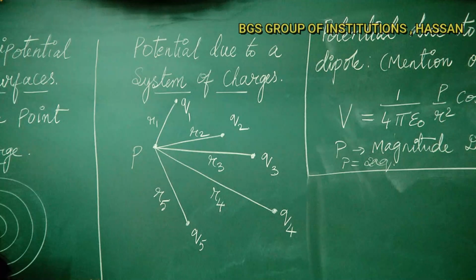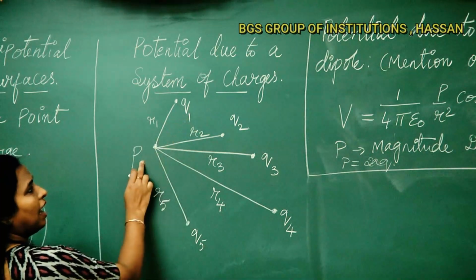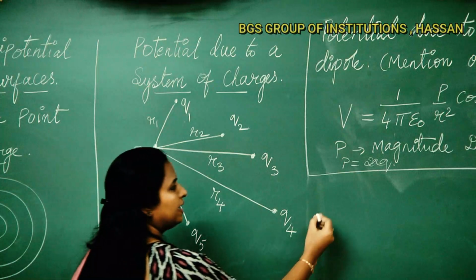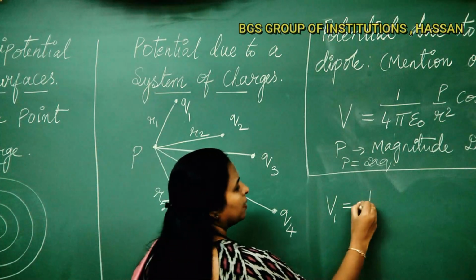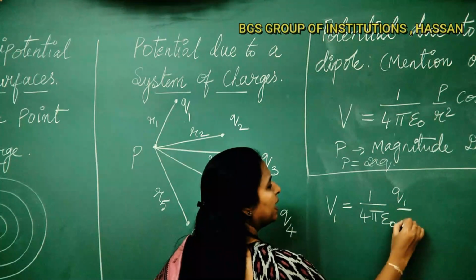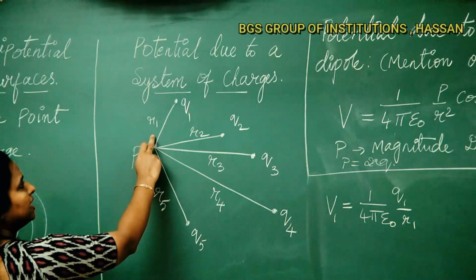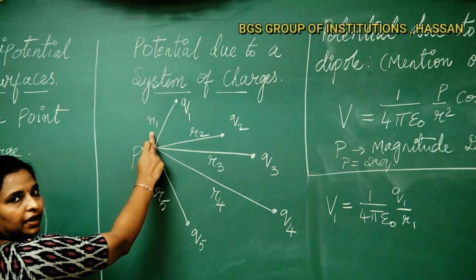For that we'll use the previous method which we have already calculated, isn't it? Now the potential due to Q1 at point P is written as V1 is equal to 1 by 4 pi epsilon naught Q1 by r1. Let the distance of the charge Q1 from P be r1.